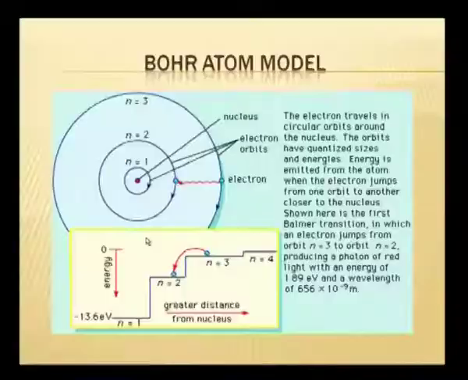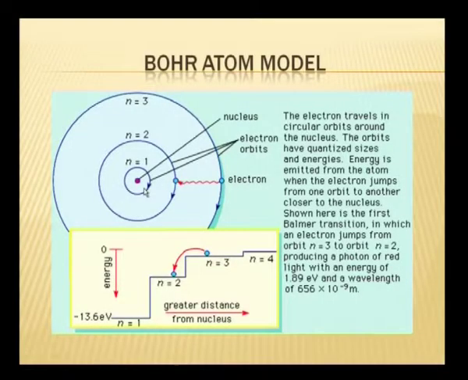Welcome back from the break. I have been telling you about the Bohr atom model in which the electron in the hydrogen atom can revolve in the first shell for which n is equal to 1, that is a normal case. When you give energy to the electron or to the atom, it will go to an excited state, then it can go to the third shell also if you give much higher energy.